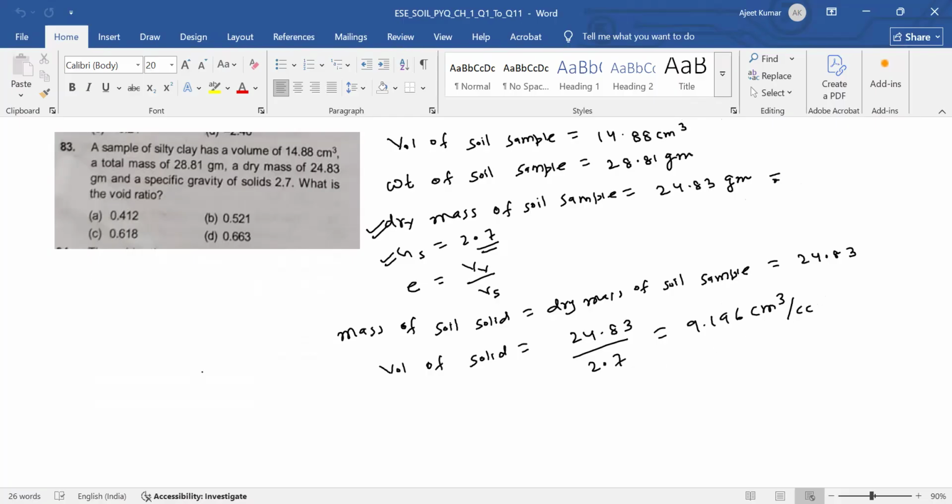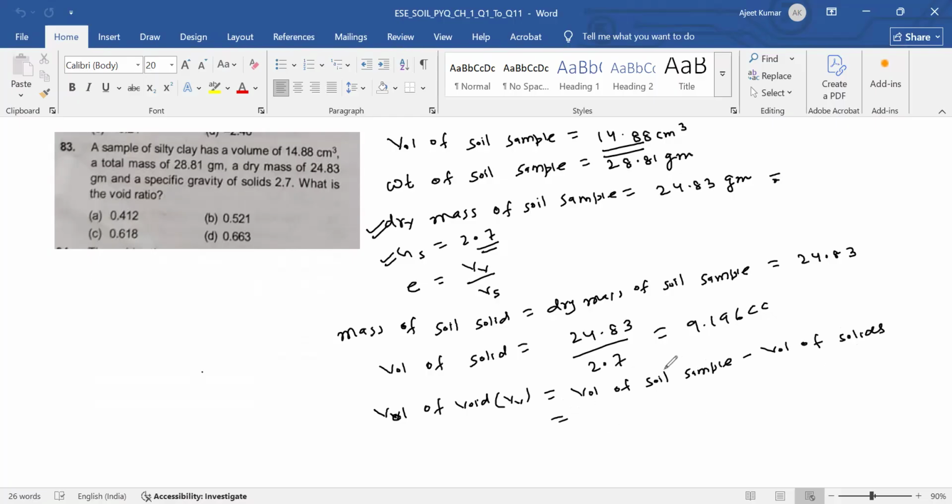Okay, so this is the volume of solid, and the total volume of soil sample is 14.88. So the volume of voids Vv is equal to the volume of soil sample minus the volume of solids.